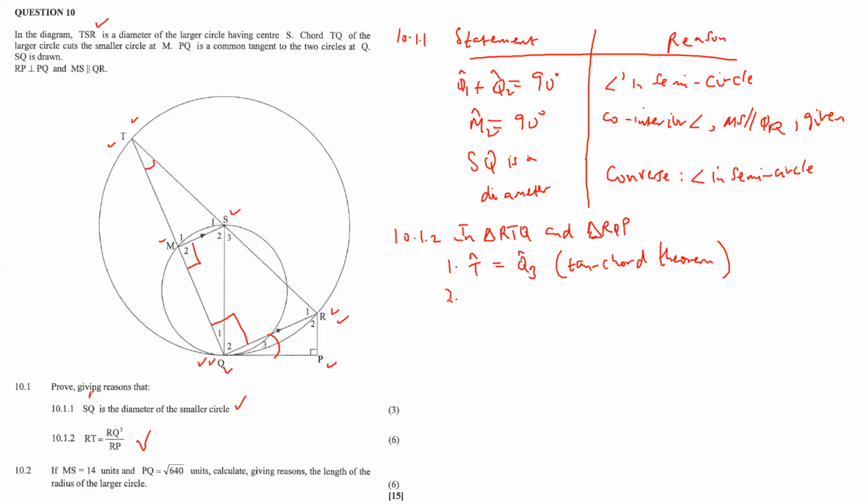We have furthermore that angle Q1 plus angle Q2 is equal to 90 degrees. Why?